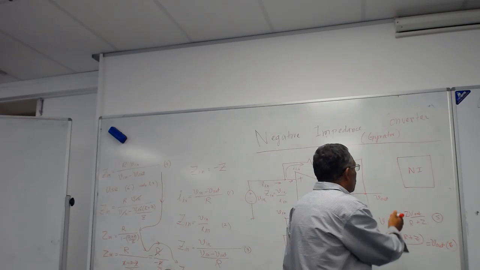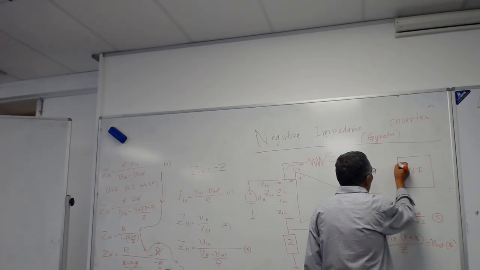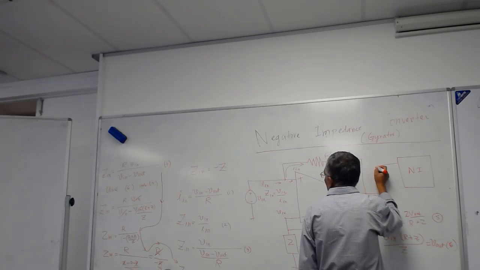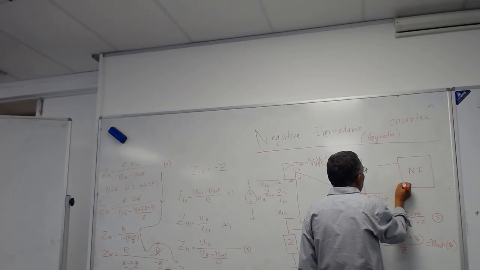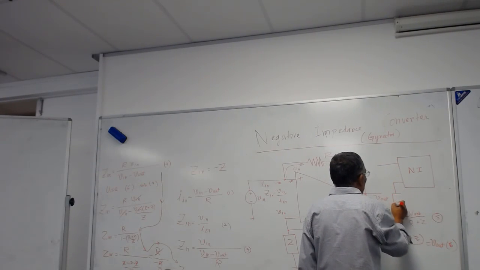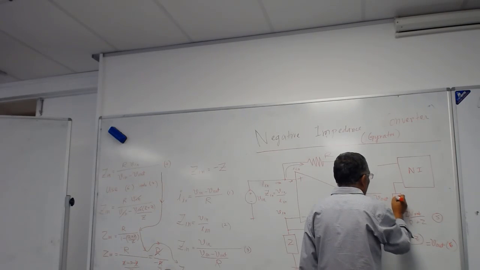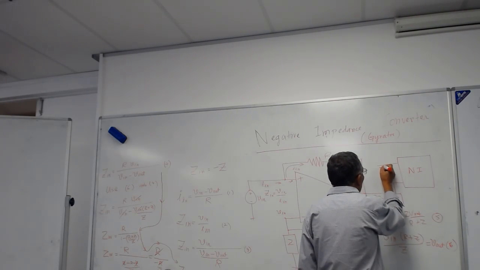Say you have input here and then here you have a Z. Looking into here, what do you see?